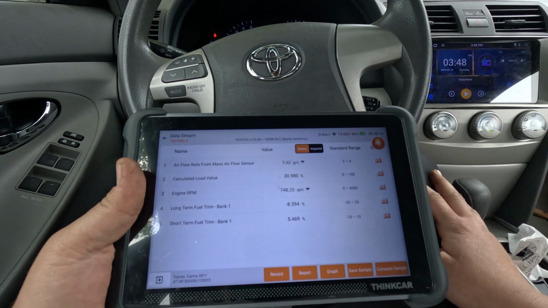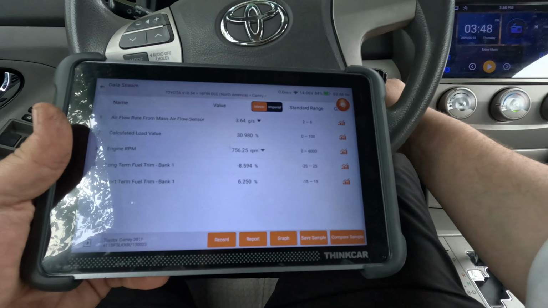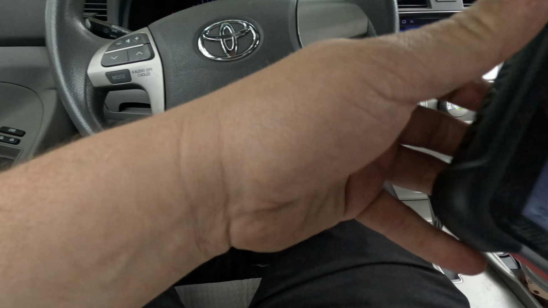It's in spec right now, so it must have been triggered at one time. I wonder if when they were, no, but it's the original mass airflow. I want to see it. Step number 1, I want to look at it to see if it's dirty.